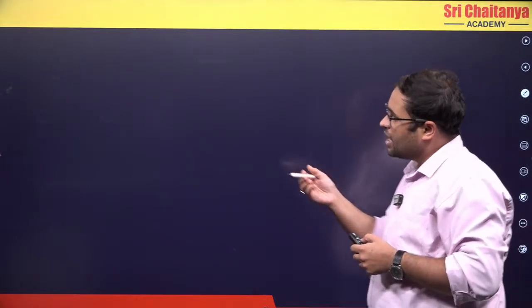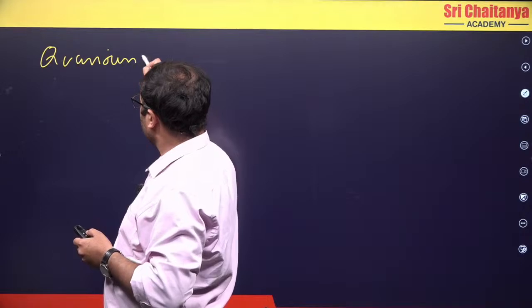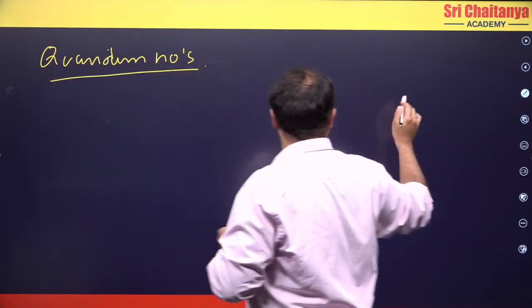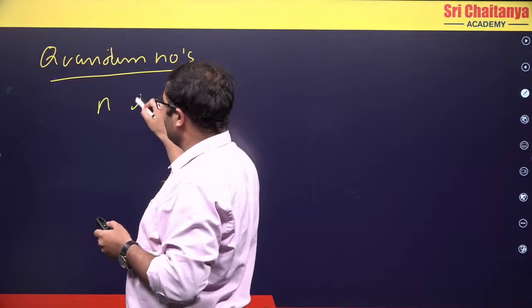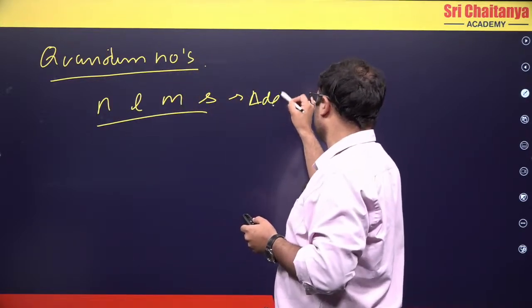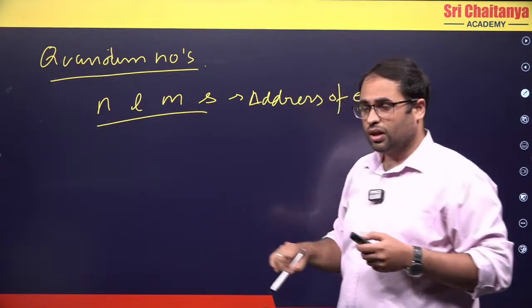So in today's class we studied about quantum numbers, right? Numbers N, L, M, S. They give you the address of the electron, right?